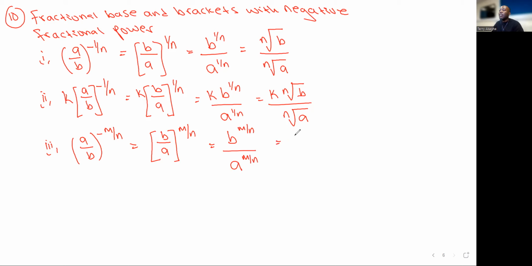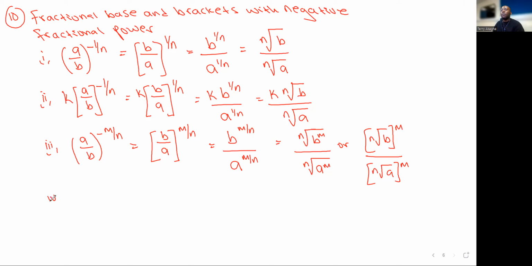And like I said, it's the same thing as saying the nth root of B raised to power M over the nth root of A raised to power M. Or you can say the nth root of B, all raised to power M, divided by the nth root of A, all raised to power M. So there are different ways to solve it.